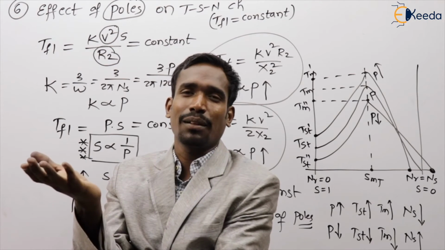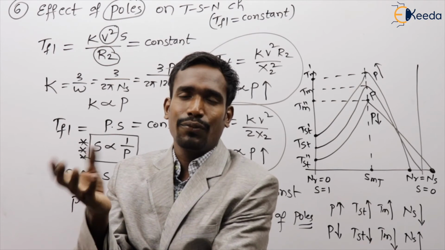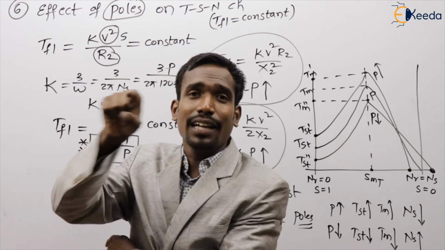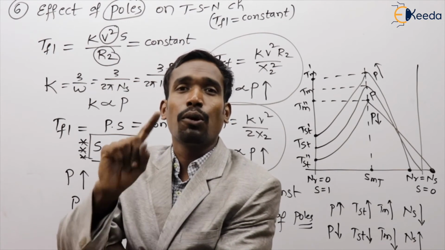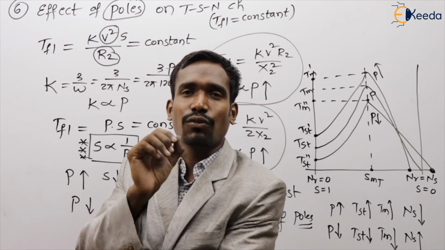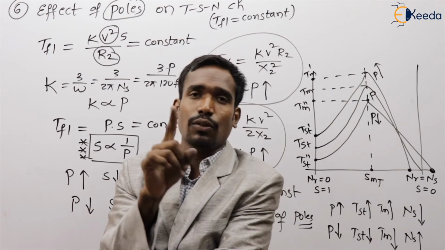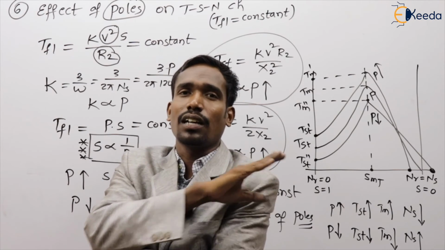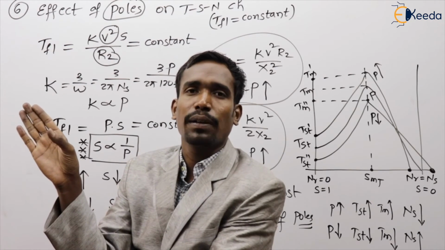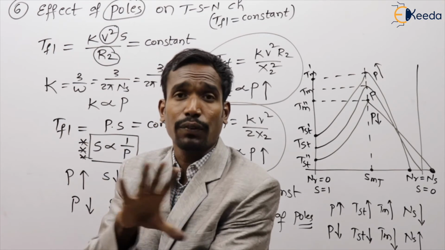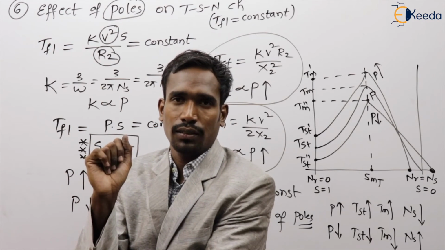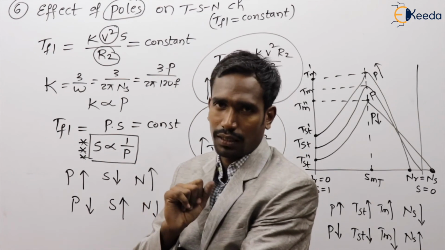But there is no magnetic replica in slip ring. If you change the poles in the stator, then again we have to change the poles in the rotor. That is very difficult and costly. That's why this method is well preferable for squirrel cage induction machine and not preferable for slip ring induction machine. This is the pole changing method.